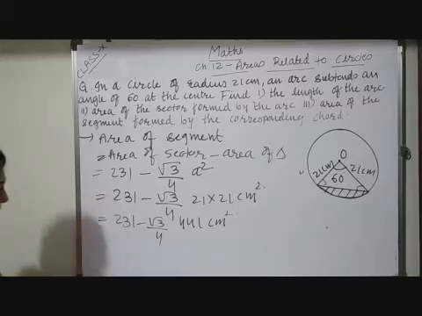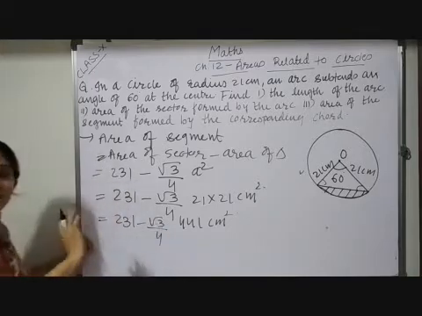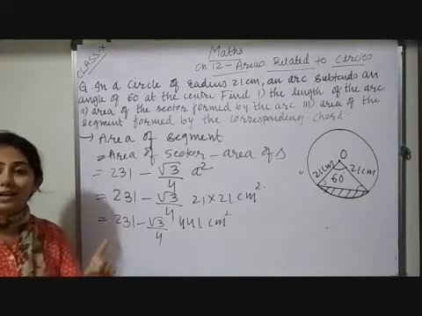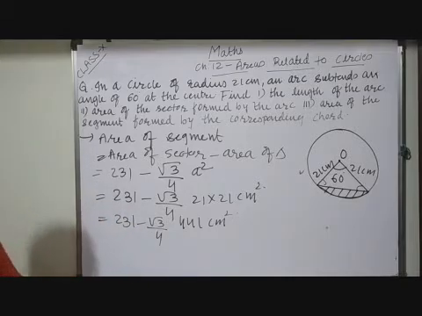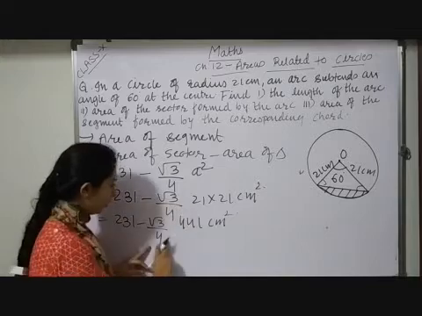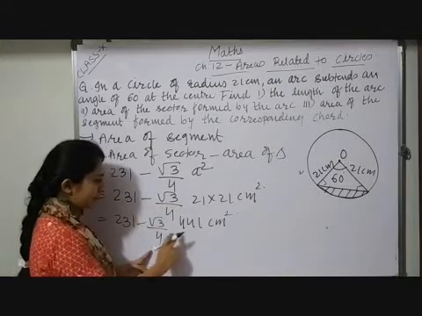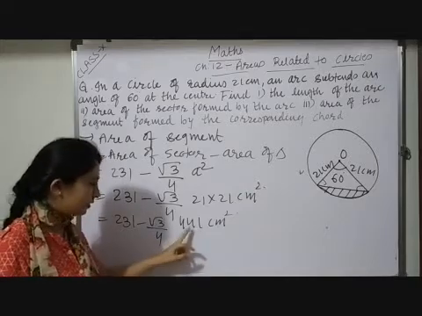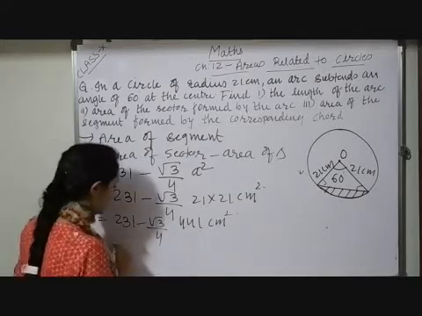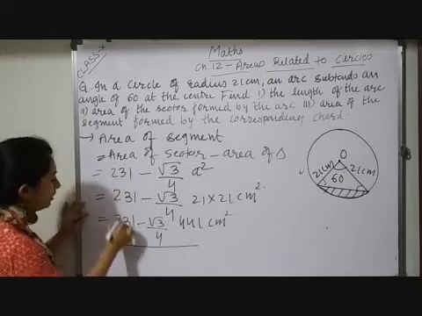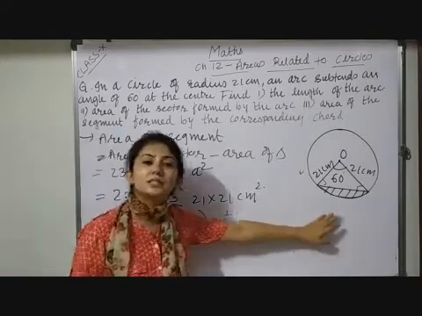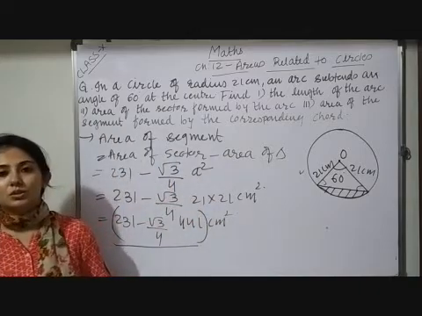Now children, you may observe root 3 value is not given in the question, though we know root 3 means 1.73, but that is an approximate value. Upon 4, 4 is a composite number, and 1 is a prime number, so both cannot be divided. So you may observe further simplification is not possible. So this is the required area of this segment. Hope it is understood to you. Thank you.